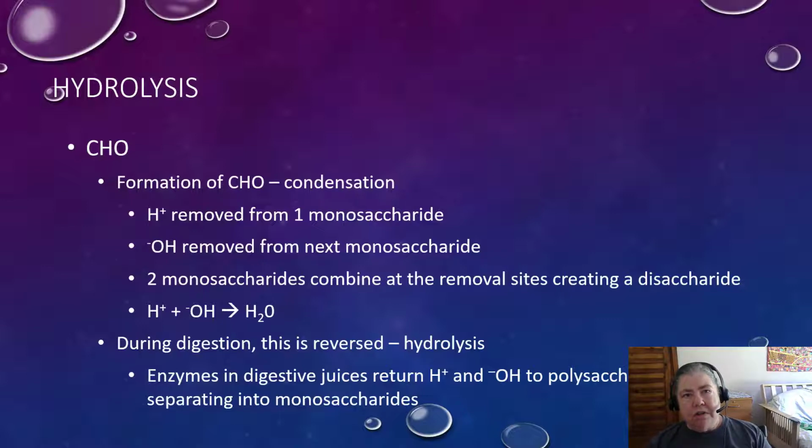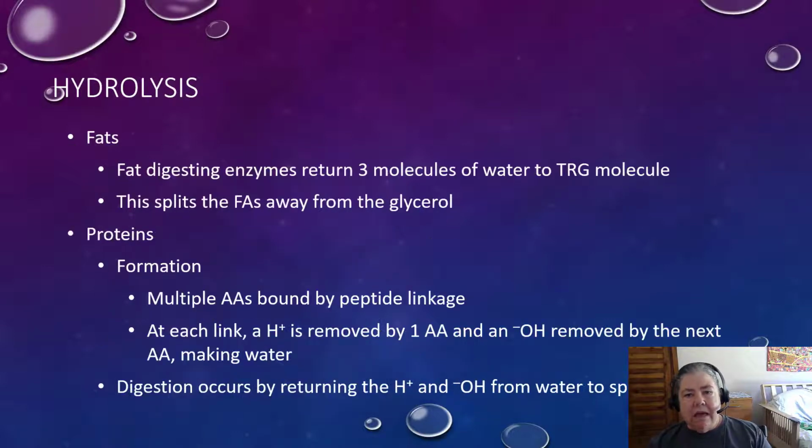During digestion, this is reversed. The chemical process is called hydrolysis, and the hydrogen ions and hydroxyl ions are added back to the polysaccharides, separating them into monosaccharides, so that we take disaccharides and also chains of carbohydrate that we call starch and return them to the state of being monosaccharides.